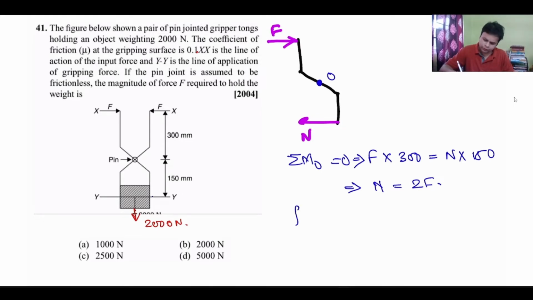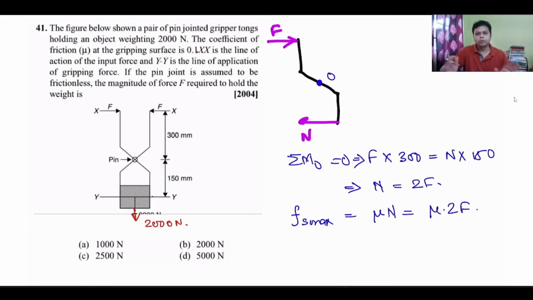So now what is the friction force? Friction force Fs for the limiting condition, Fs max, is mu into N, so that is equal to mu into 2F.